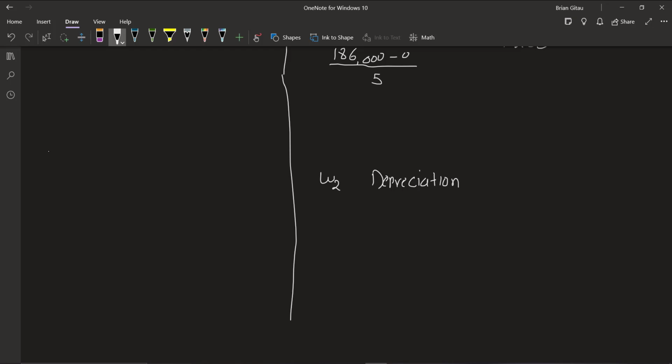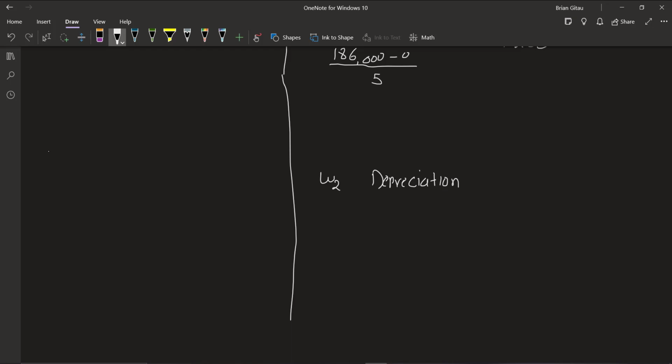We start with the buildings. From additional information number 6, we can see that the buildings cost 108,000 and the useful life is 50 years.